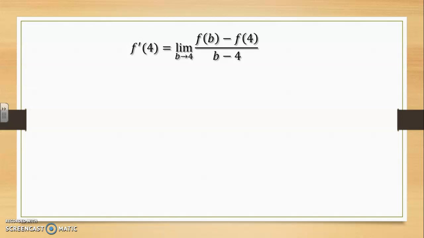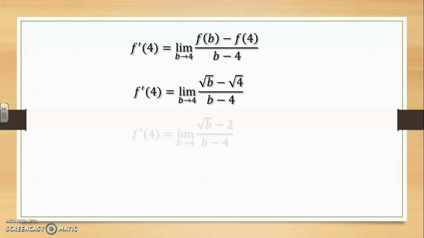So there's a b value which is varying. So f of b will be root of b because f of x is root of x. In the same manner, f at 4 is root of 4. We can simplify root of 4 down to 2. If we try direct substitution, this would result in a 0 over 0 form.